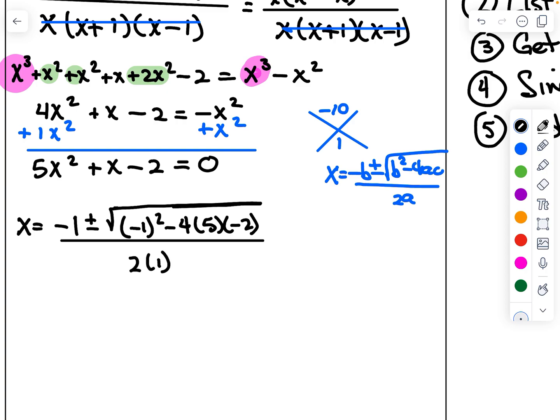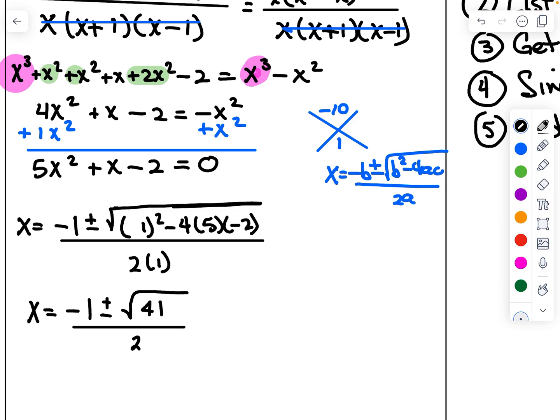This isn't a negative. Negative b plus and minus b squared minus 4ac over 2a. So x equals negative 1 plus and minus the square root of 41 over 2. And that's going to be your answer.